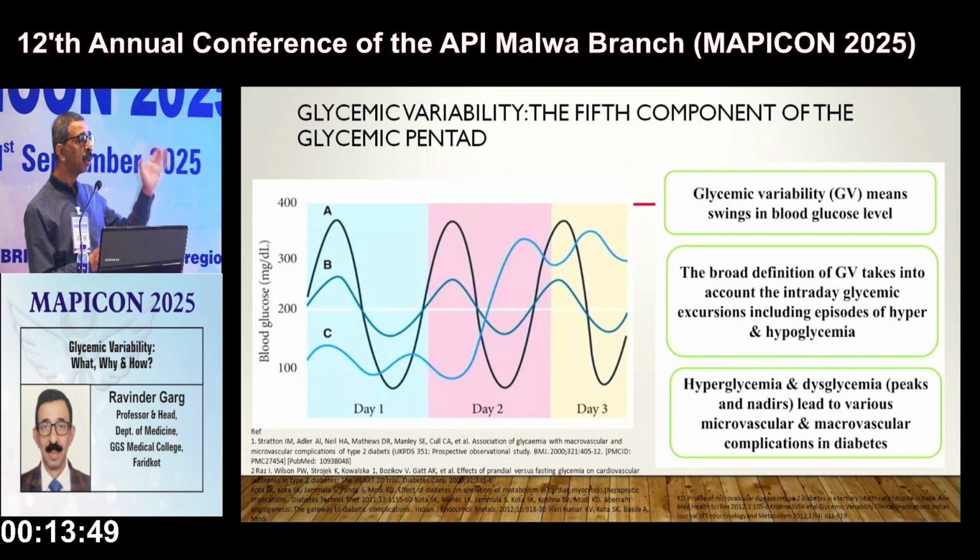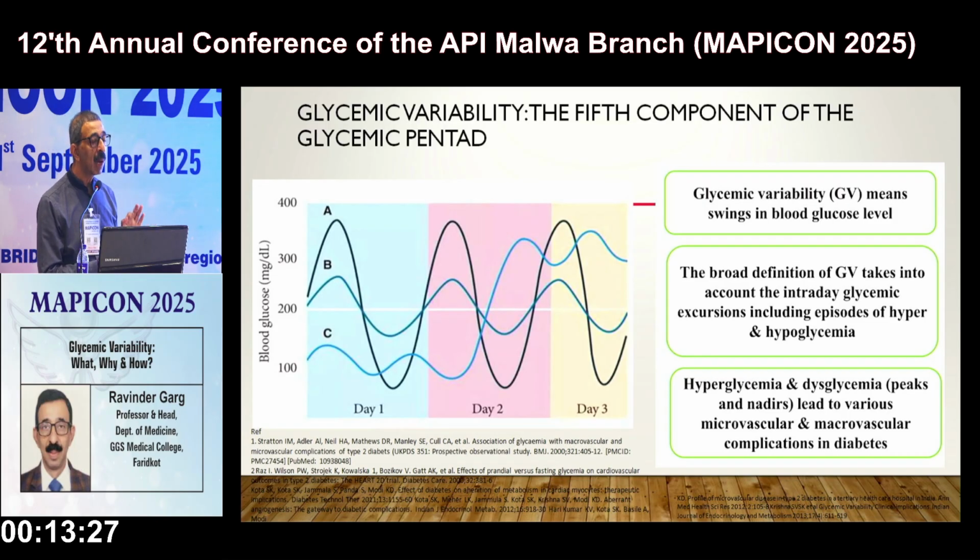Now here we have 3 patients, A, B, C. Patient A, you see what patient A is showing? Patient A is showing both intraday as well as interday variations. On the same day the sugars are swinging up and down, and within consecutive days also it is swinging.